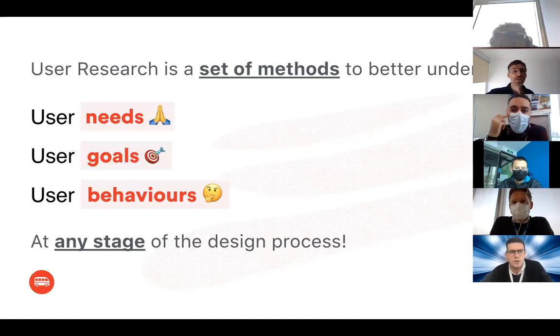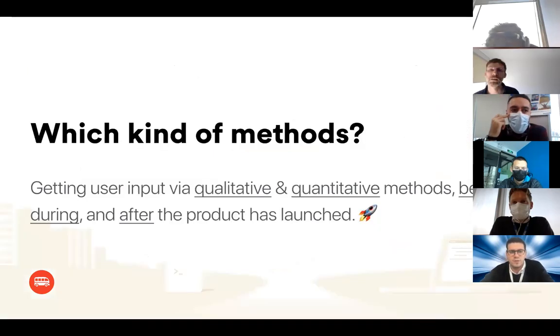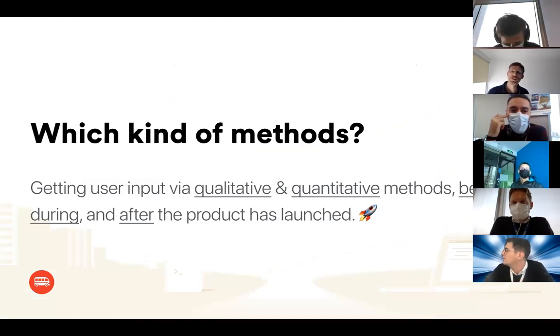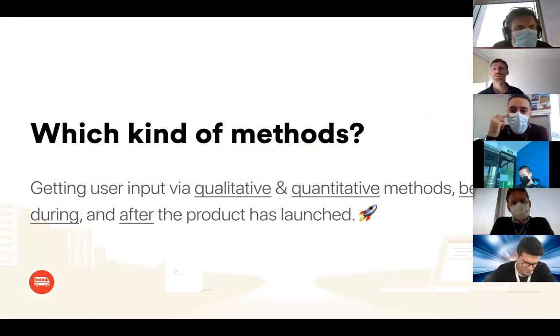So let's talk about some methods that we can use. Generally, we group them in two groups: qualitative methods and quantitative methods. And there are methods that are best suited to use before you launch your product, during the launch, and after the product has launched.